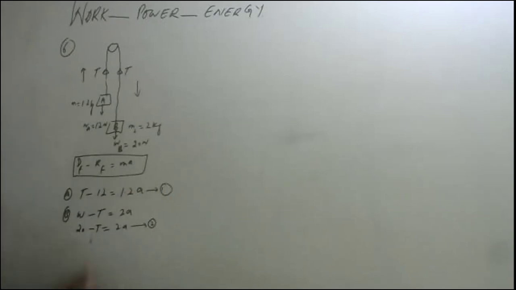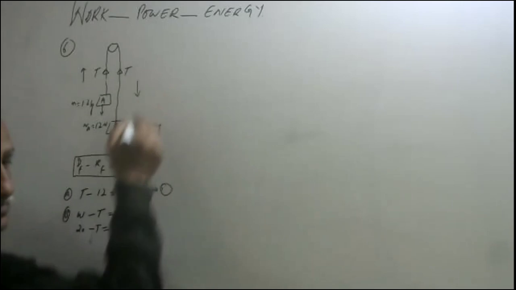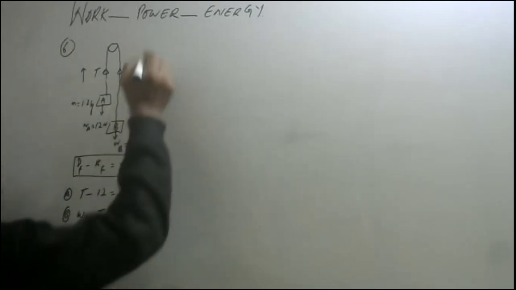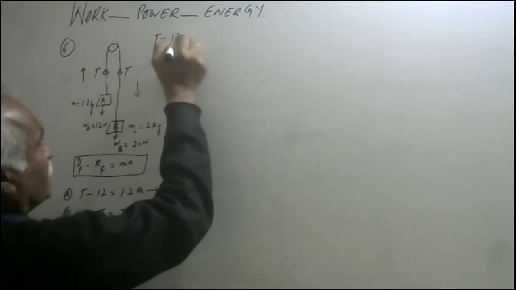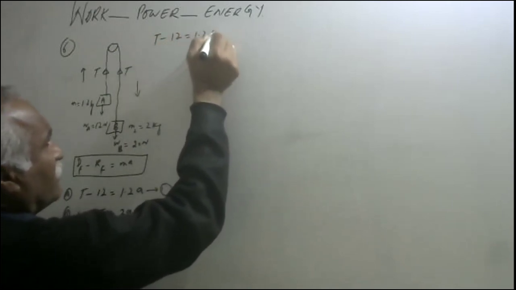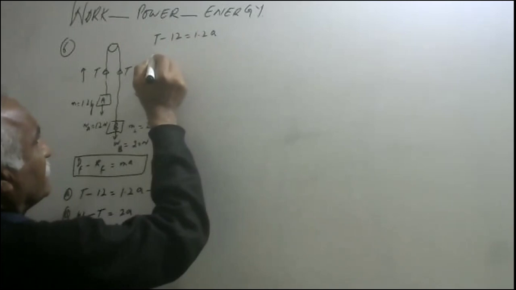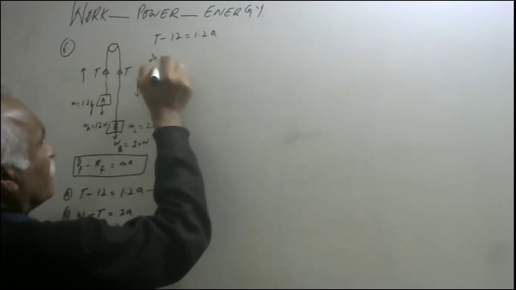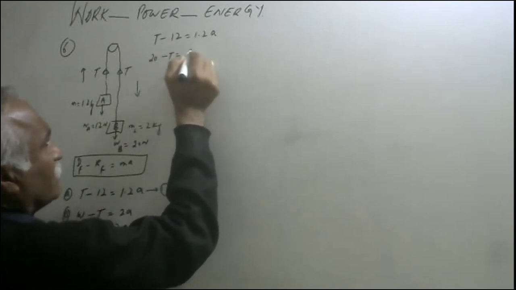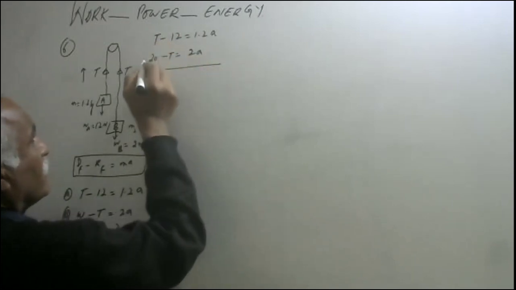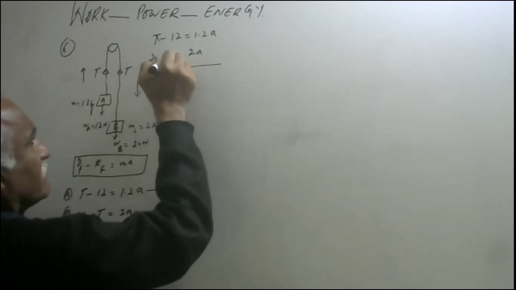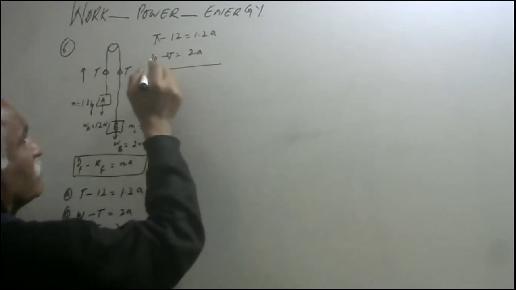Now we will solve these two equations together. That is, tension minus 12 is equal to 1.2a and 20 minus tension is equal to 2a. We will add these, and the tension terms cancel out.